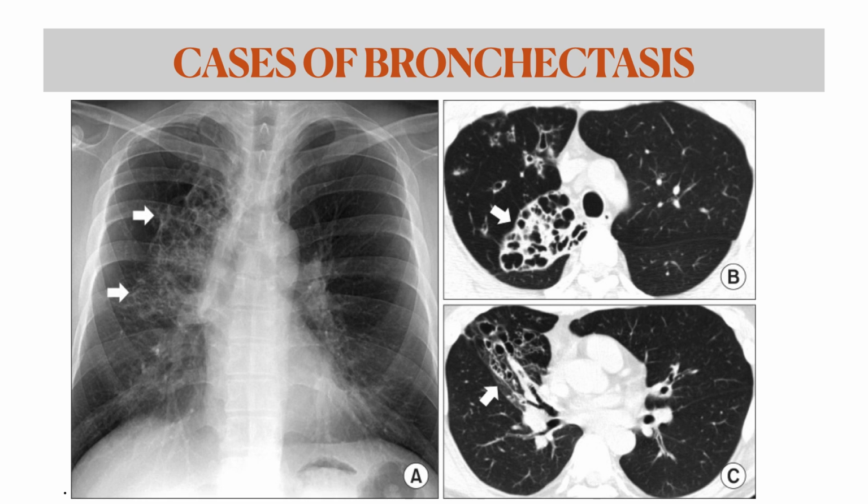So here we start with the first case, where we have the chest radiography, which reveals some cystic change in the right upper and middle lobes, and the transverse chest CT scan, which shows total atelectasis and severe bronchiectasis in the right upper lobe, and image C shows the bronchiectasis in the right middle lobe.